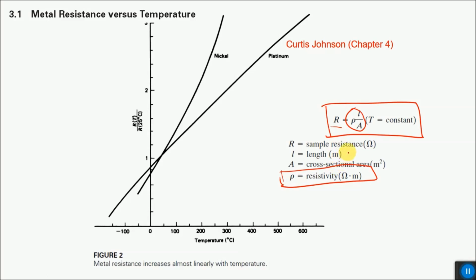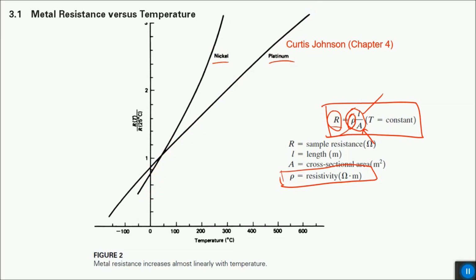And in case of change in temperature, the length remains almost the same, the area remains almost the same, but the resistivity changes considerably. So the resistance changes, and here in this plot, we have the normalized resistance versus temperature of two metals, nickel and platinum, and we can see that as the temperature is increasing, the resistance of these two metals is increasing.